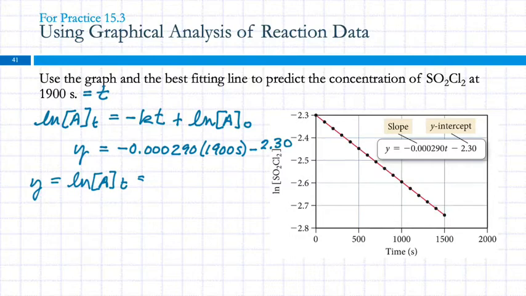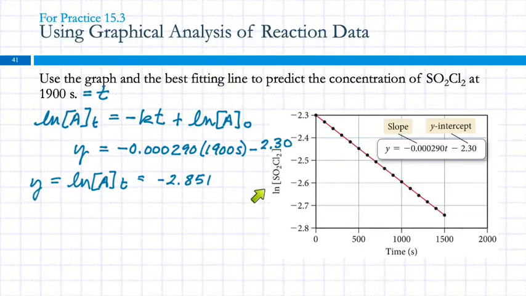So now I need my calculator. I've got negative 0.00029 times 1900 minus 2.3 equals. And my calculator is showing me negative 2.851. At 1900 seconds, that's the value of y.